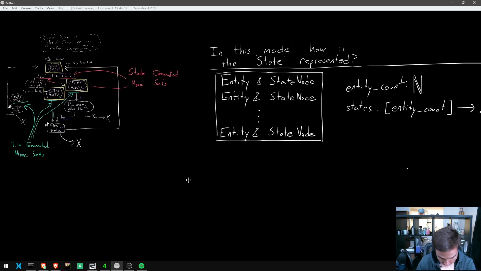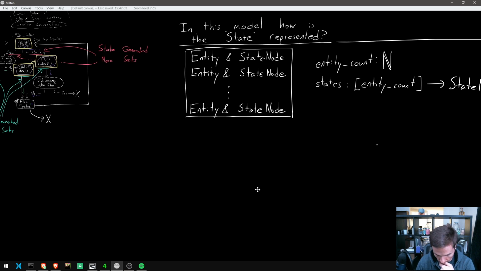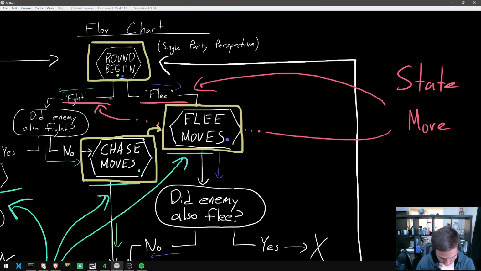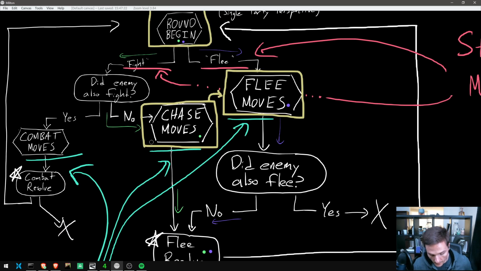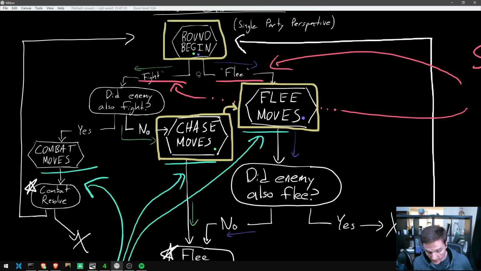Now, this whole thing about fight or flee is cool, but we made this picture by representing what happens from a single party perspective, and then we have to ask questions about the other party and make them sync up to actually make sense. There's a logical way to write this that wouldn't make any sense, where, for instance, if you fight and the enemy also fights, then we go into chase moves and depend on flee moves.